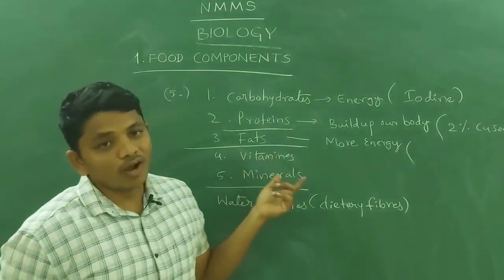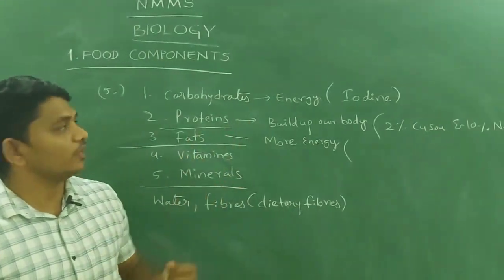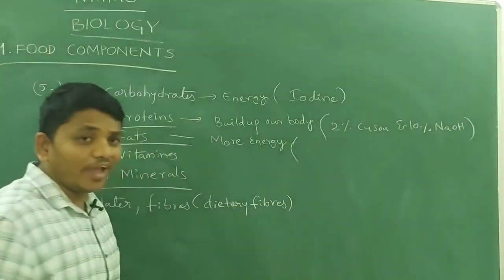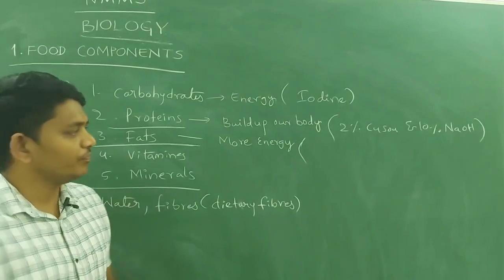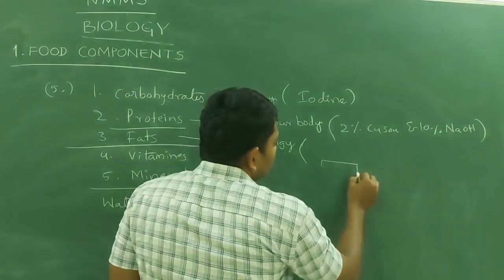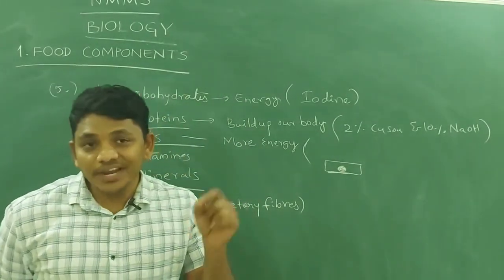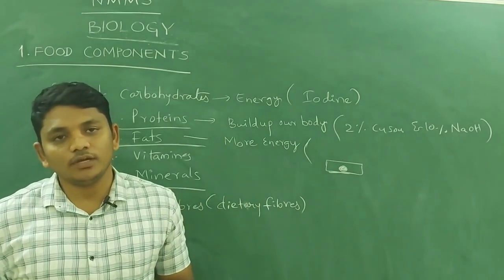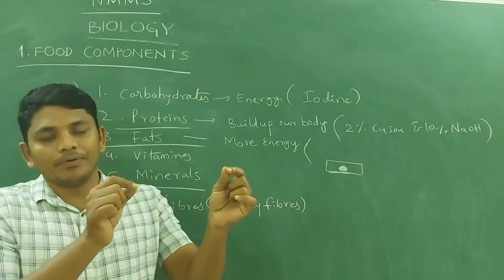And fats are very useful for giving us more energy when compared with carbohydrates. If we want to check the presence of fat in the food material, we have to put the food material on paper. If the paper turns translucent, then the food contains fat. So for checking fat, we have to use a paper.